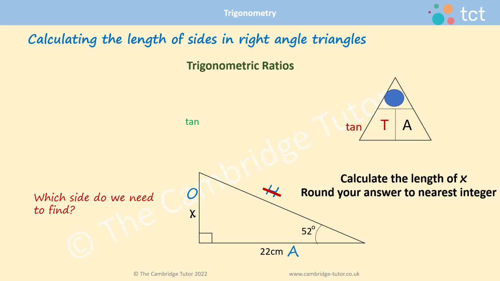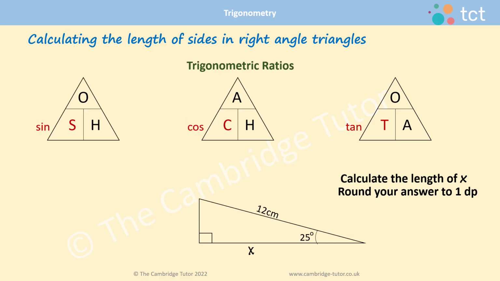In your calculator, the tan of the angle, which is 52 degrees, remember to close that bracket, and you're multiplying that by the length of the adjacent, which is 22. In your calculator you should have 28.1587 and so on. You've been asked to round to the nearest integer, which is the nearest whole number, and that's 28 centimetres.